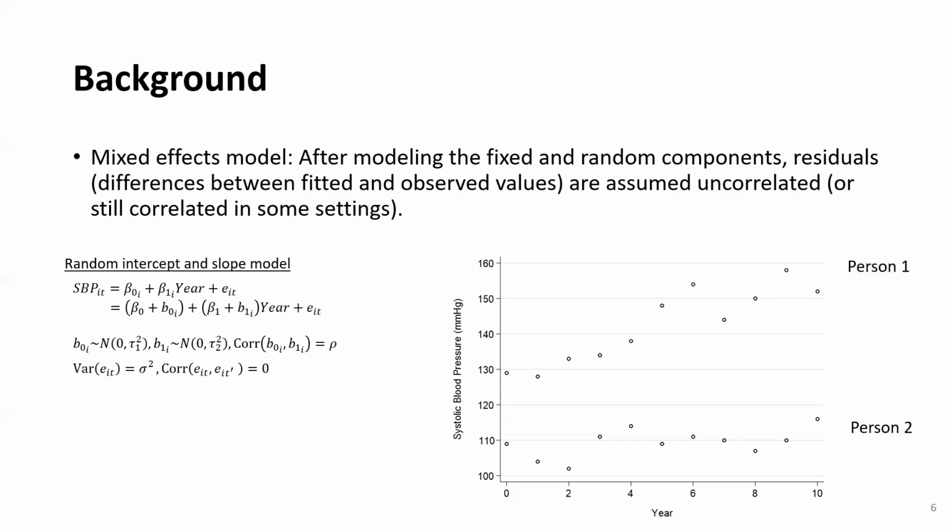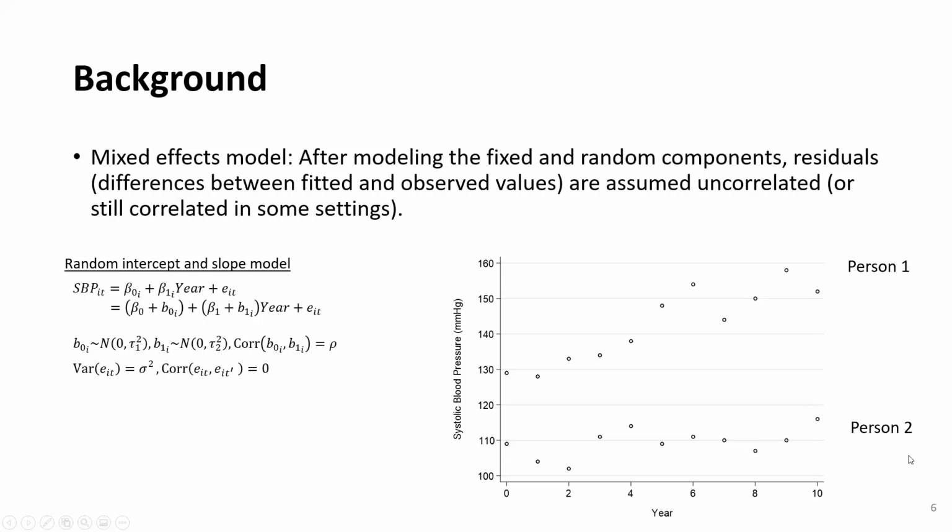Here I showed a graph to give some image of the mixed effects model. This is a recap of what we talked about some time ago last year. The graph shows systolic blood pressure on the vertical axis, measured over time from now up to 10 years later, for person 1 and person 2.